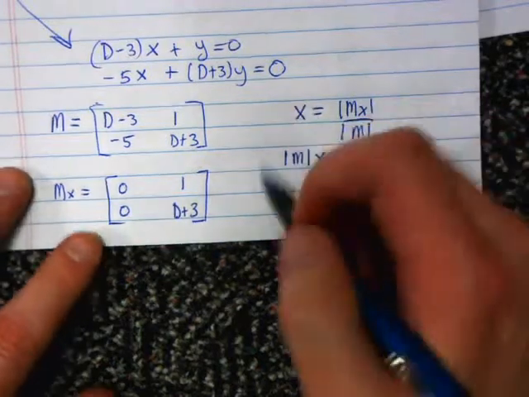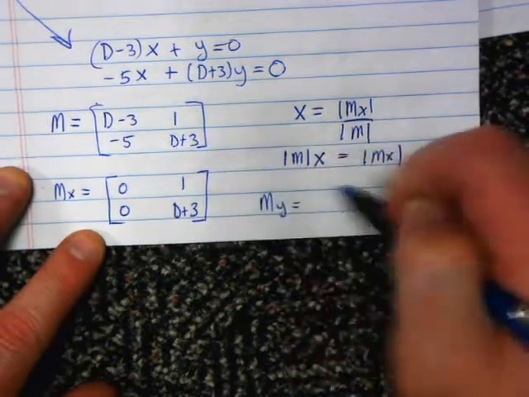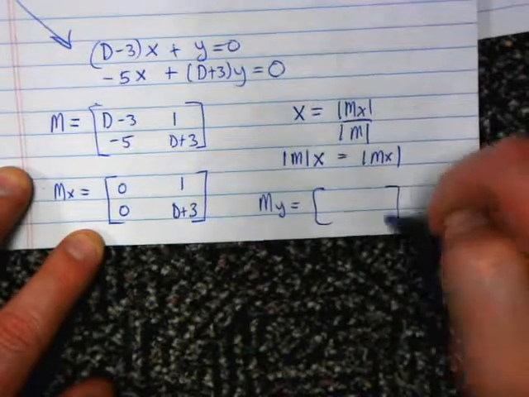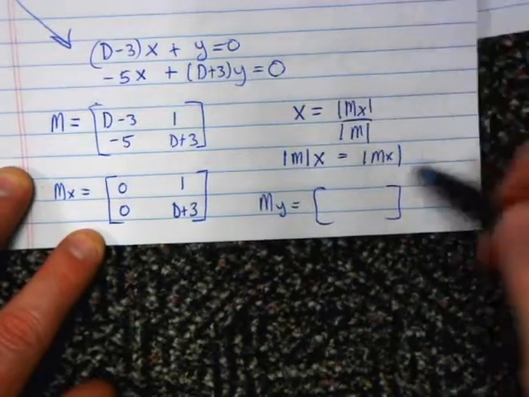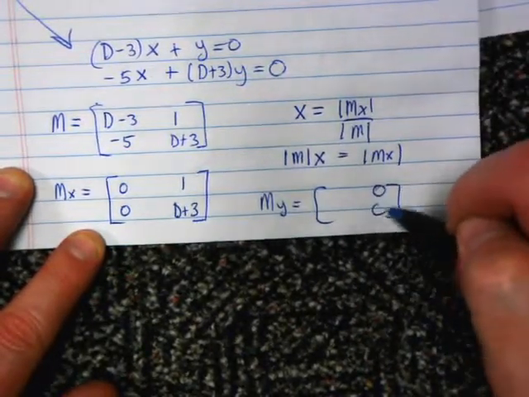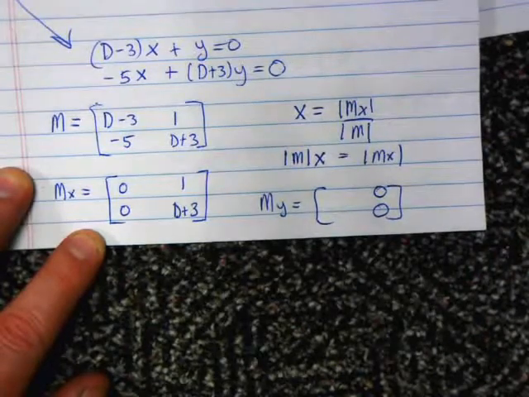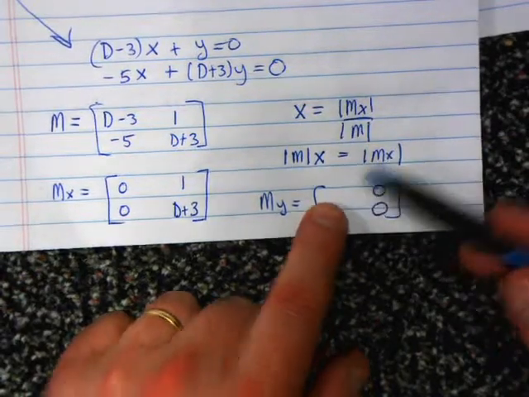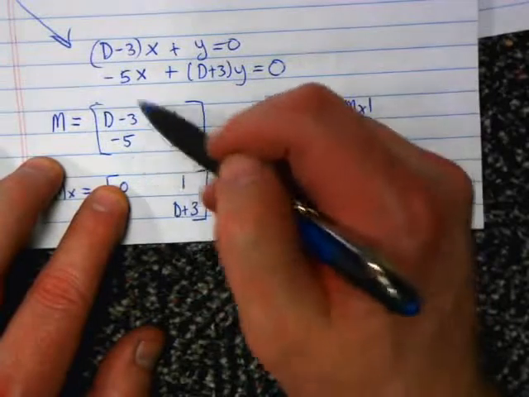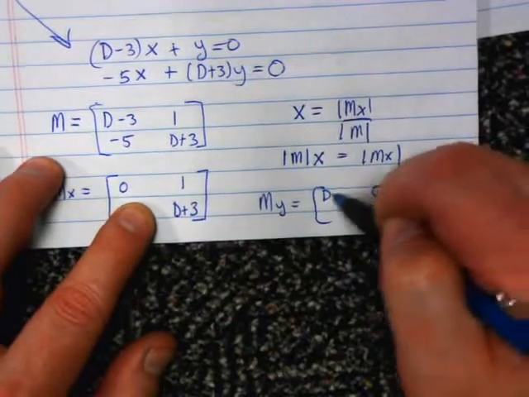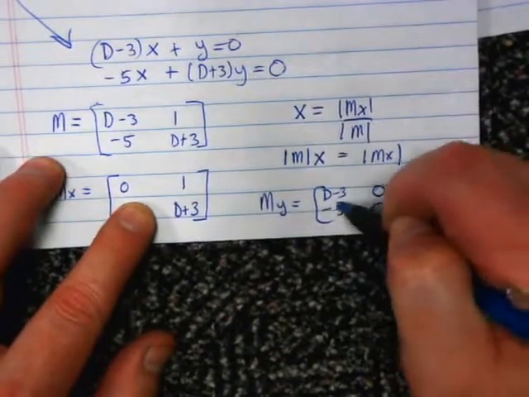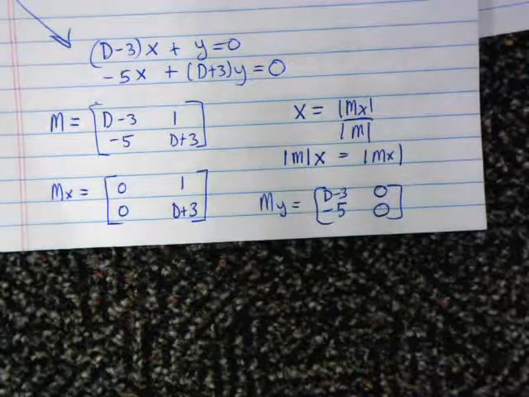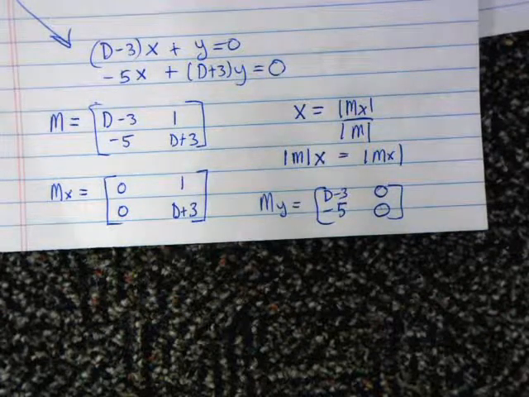If I wanted to find M sub y, I take these answers and put them in the y spot, so I would have zeros over there. And then the rest of M sub y is exactly what you had for M. So you would have a D minus 3 and a minus 5.